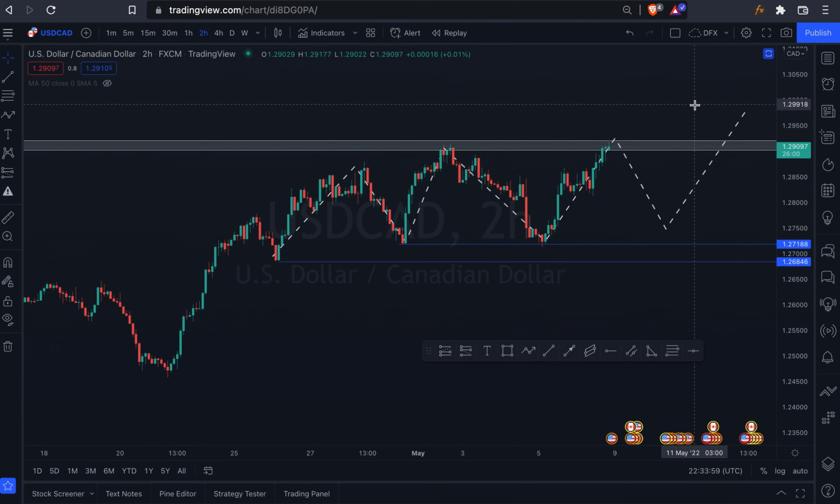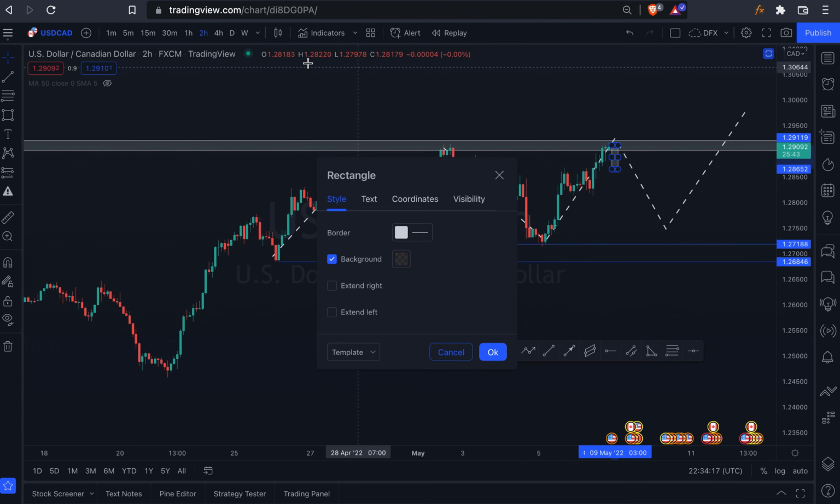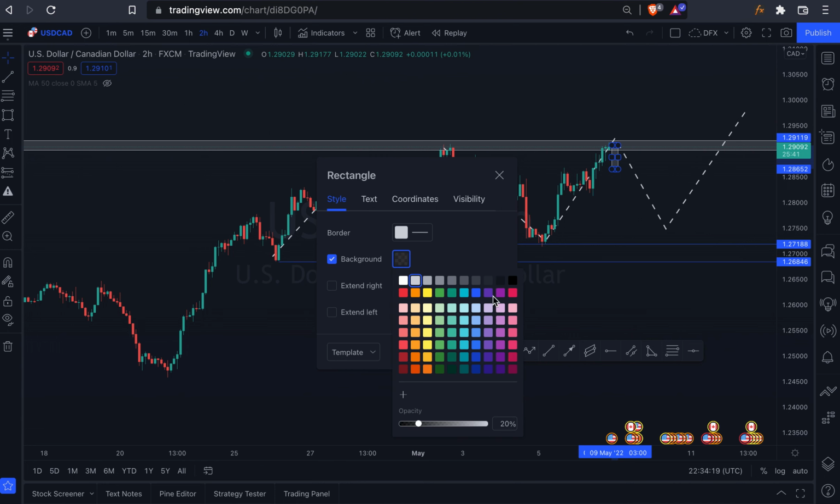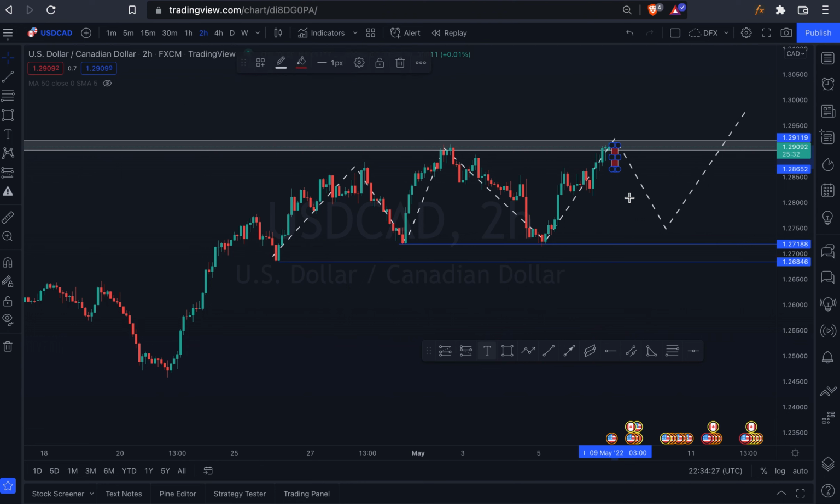So something like this, I would wait for a bearish engulfing candle, then I'll look for sells. So when I see a candle probably like this, red, when I see a candle like this, I'll be looking for more sells.